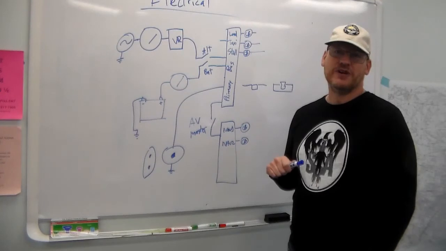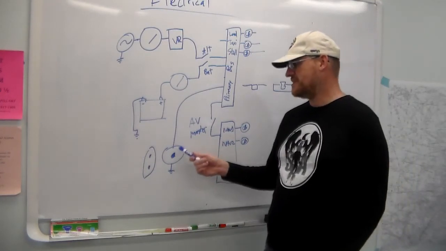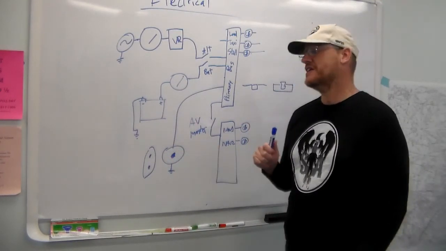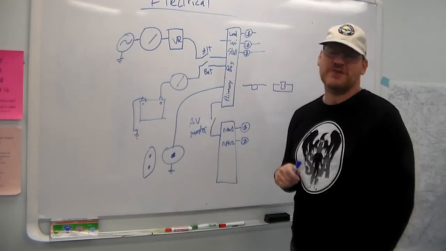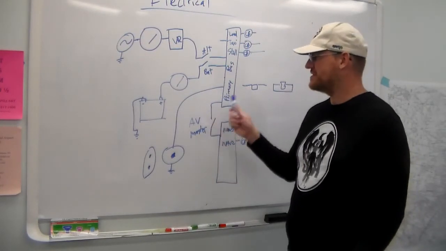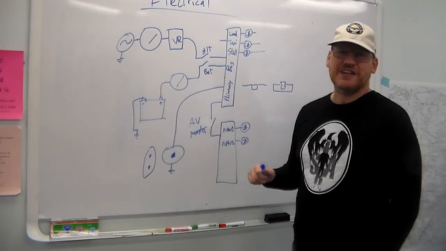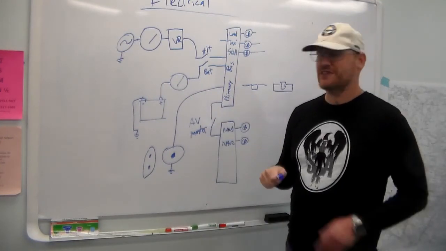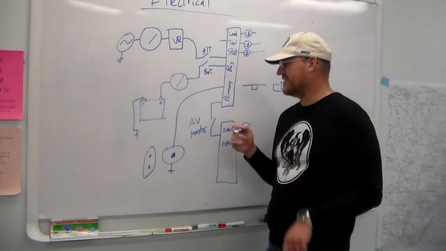One thing you should be aware of, some people will sometimes use these to charge the battery. You need to check your manual for your aircraft, because some of these aircraft actually have a disconnect switch. So there's a little solenoid in here.